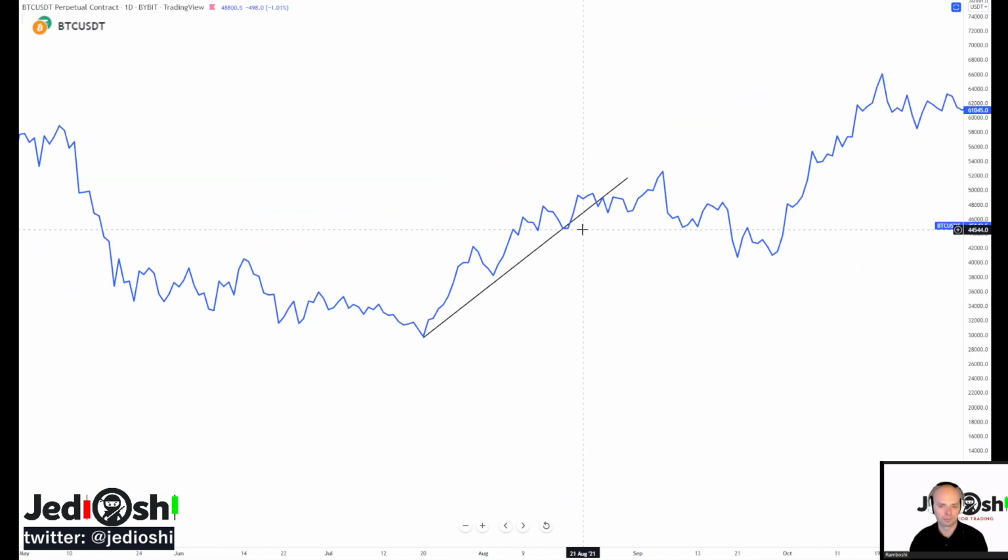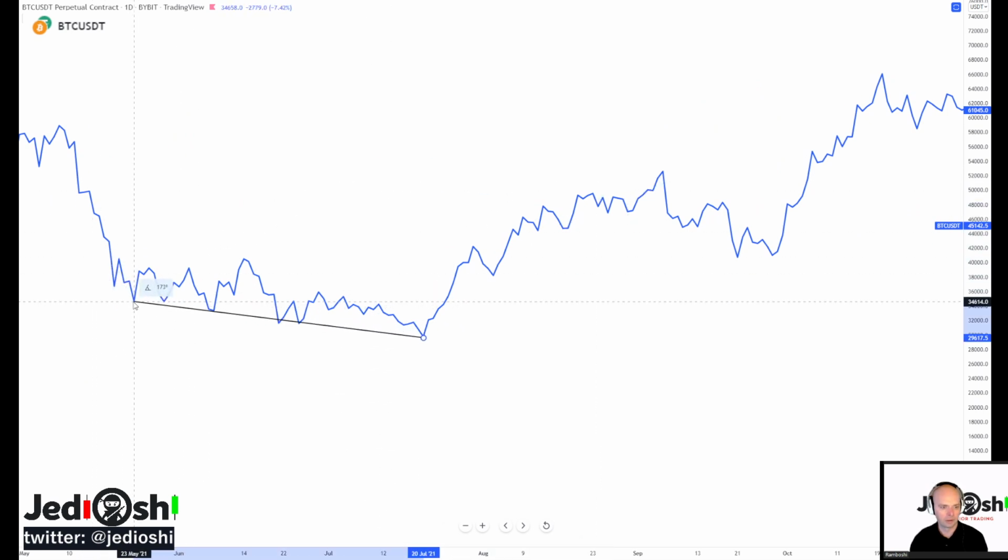But you're looking for touches along the line to confirm it. So I would just start drawing stuff like this. It doesn't have to be exact. We mentioned penetration, but you're still riding this trend line. Did I draw it correctly? Because it's really resistance. But I would just start drawing these lines.